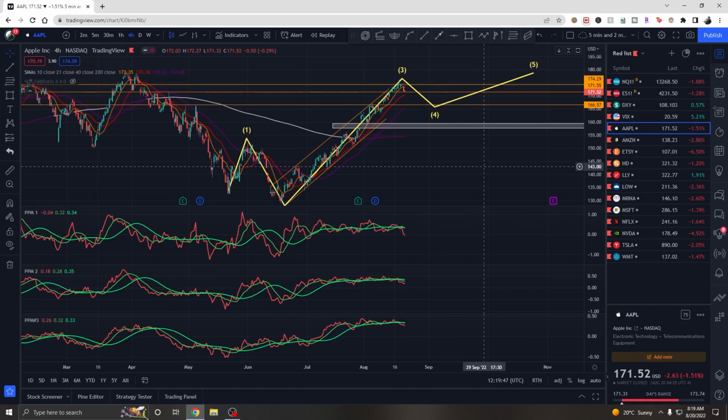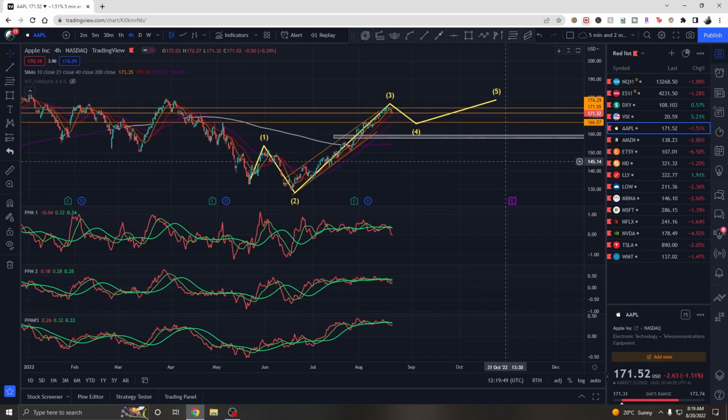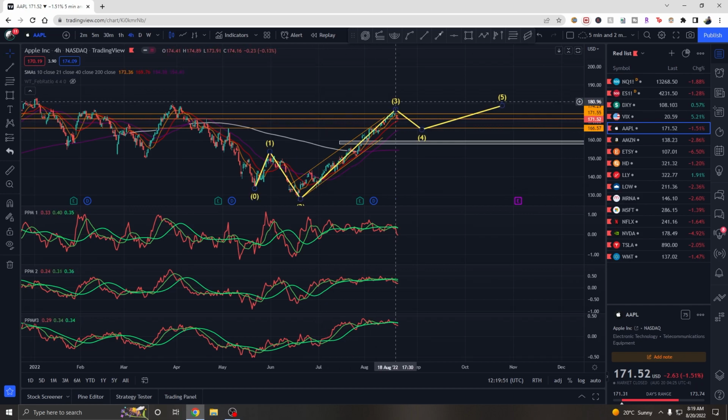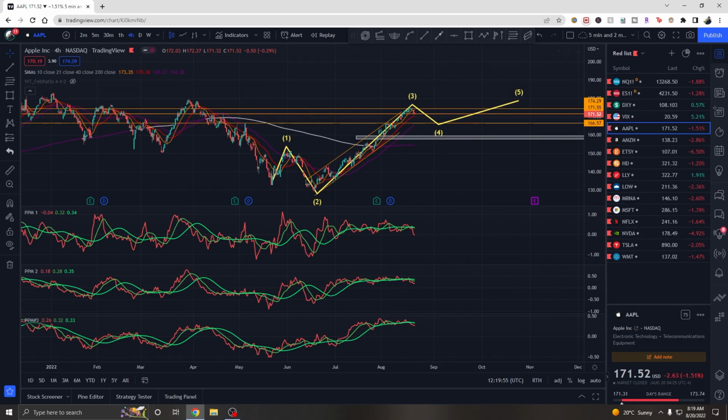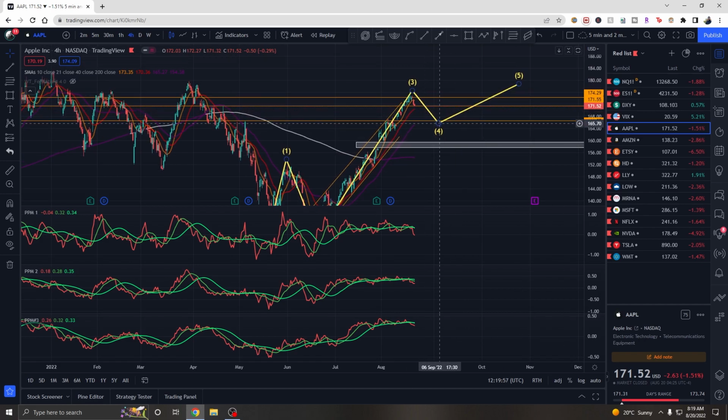Next one is Apple. Apple had a strong move and we started seeing the pullback. Expect a pullback to the 165 level, so that will be the max level, and you can clearly see the selling pressure over Apple here in PPM 1, PPM 2 and PPM 3.